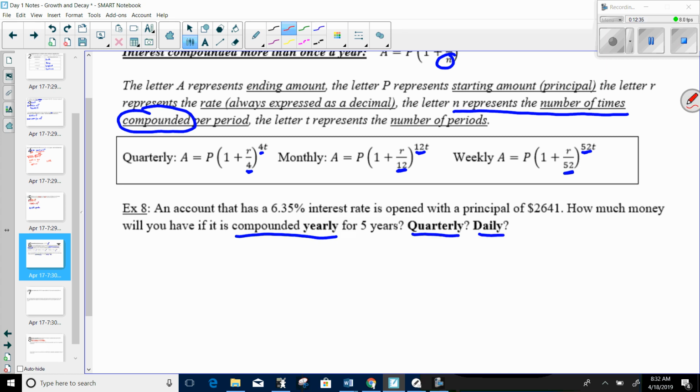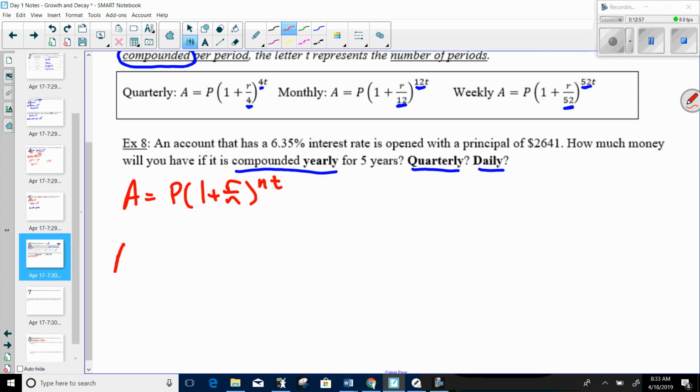So we have to set up each one of those. The basic formula is A equals P(1 plus R over N) raised to the NT. So A is the ending amount, P is the principal, R is the rate, T is the time, just like in the growth formula. N is the only thing new. It's how many times you're going to do it each year.